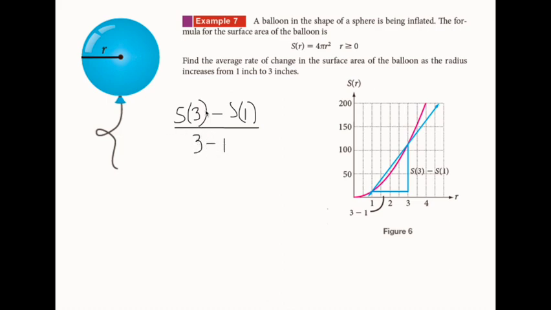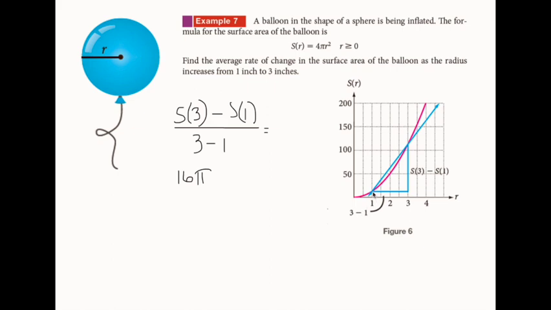This will give me my corresponding value for 3 for that coordinate. This will give me my corresponding value for 1 for this coordinate. So when I work it out, I'm going to get 16 pi as my rate of change.